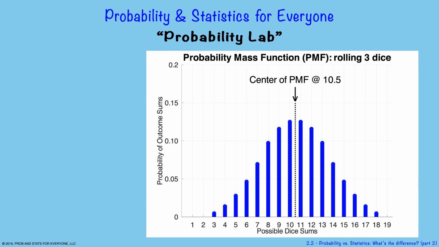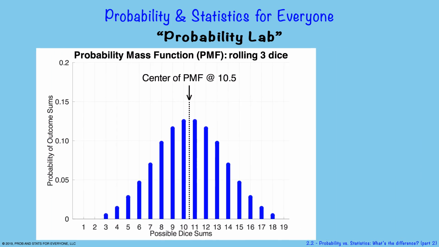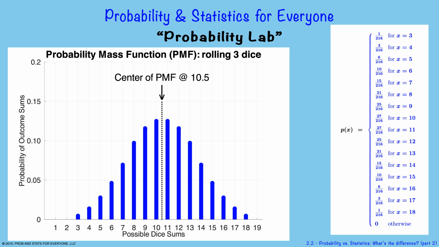To aid in the discussion, we'll introduce the notion of the center of a probability model, which is that value that separates the model into 2 equally probable halves. This particular model has a center of 10.5, which is readily apparent because it has the added feature of being mirrored or symmetric on either side of the center.